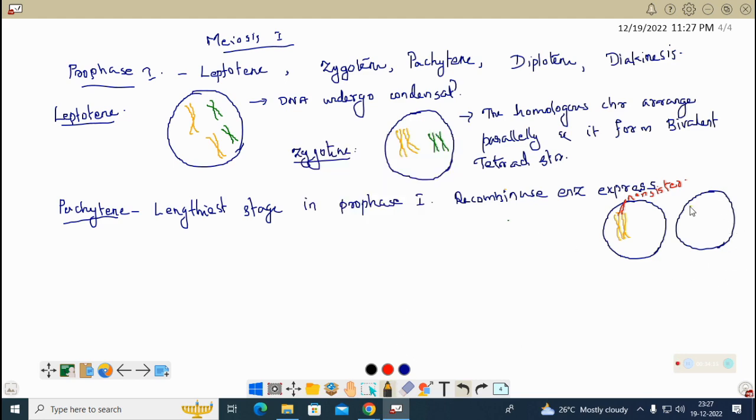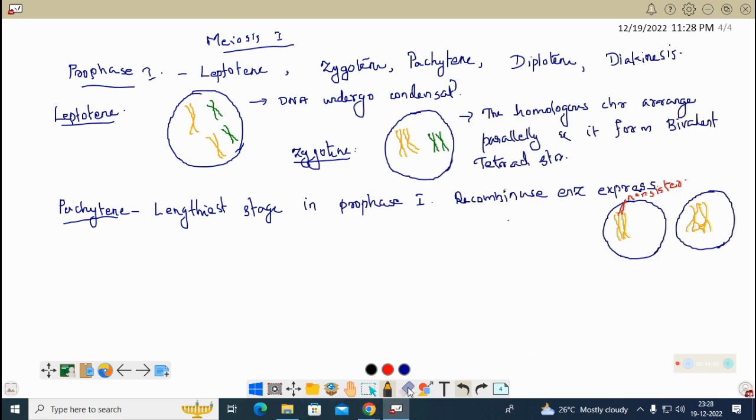See, again I'm drawing this. Here the next one I'm drawing. You see the recombination nodule formation occurs like this, from here to here, from here to here.